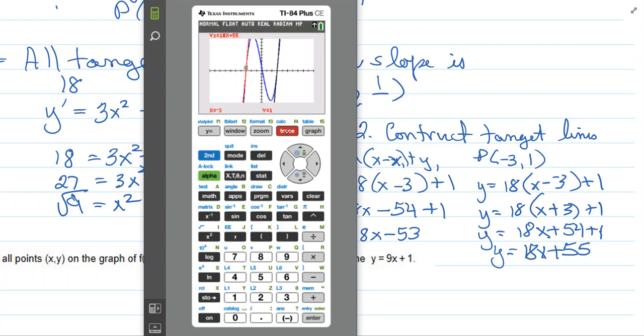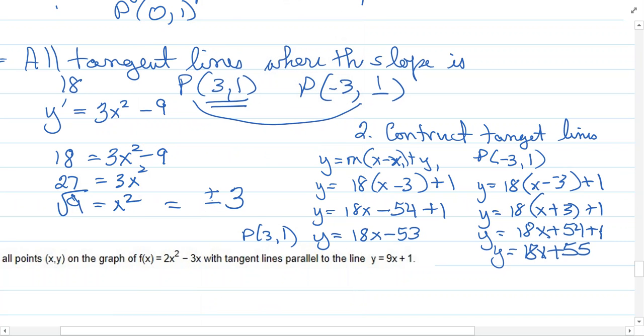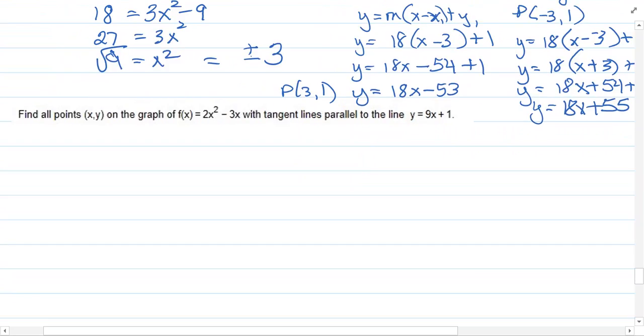Well, then I'm going to do second calc value of a positive 3 and enter, and it's on the black and blue line. If I do second calc value for a 3, I'll get the 1, and then if I do down arrow for the red and then down arrow again for the black, I'll get the 1. So you can see that those are two tangent lines with a slope of 18.